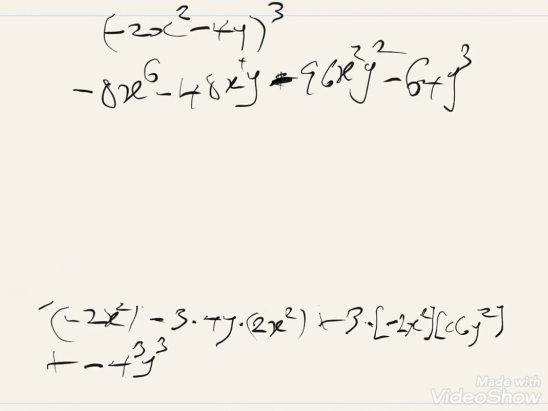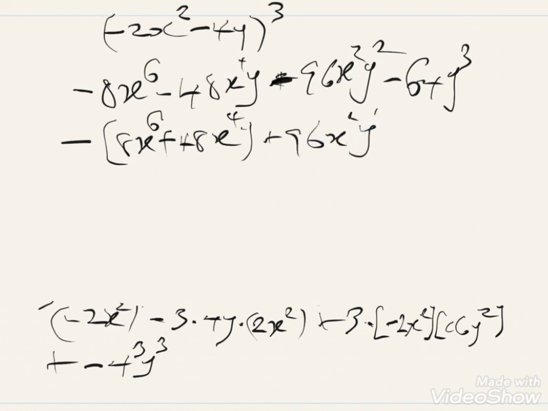But I can actually put it in this form, that is by factoring out minus outside, to have minus times (8x⁶ plus 48x⁴y plus 96x²y² plus 64y³). Okay, so this is now my answer.